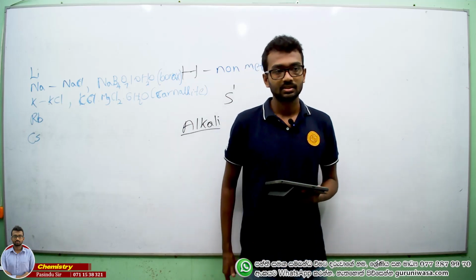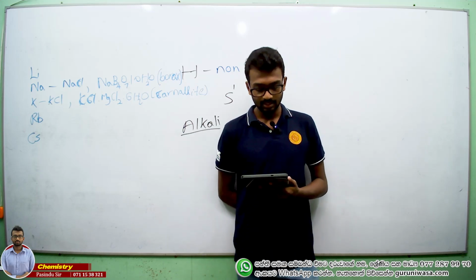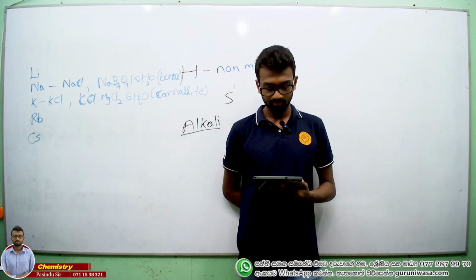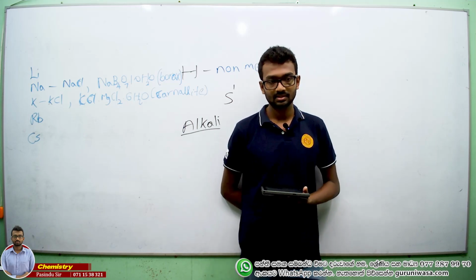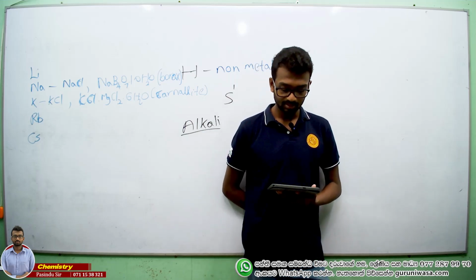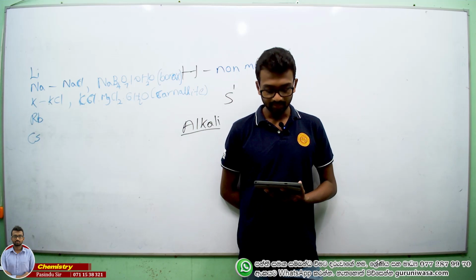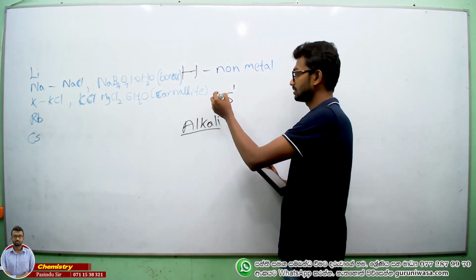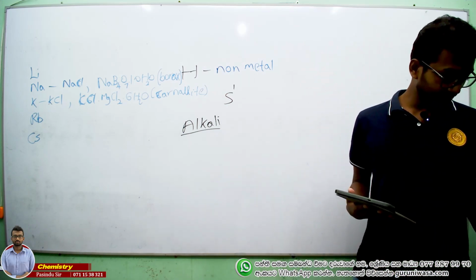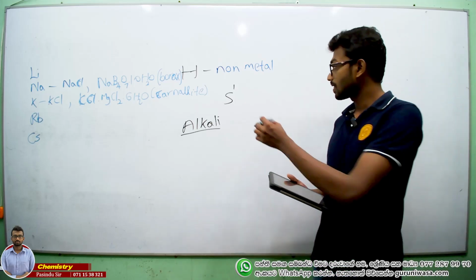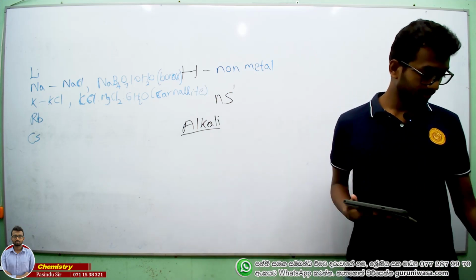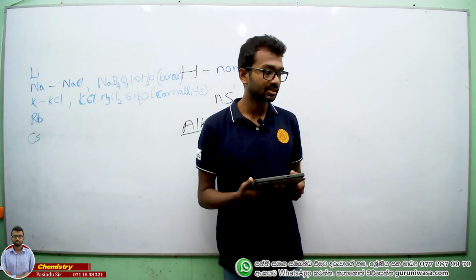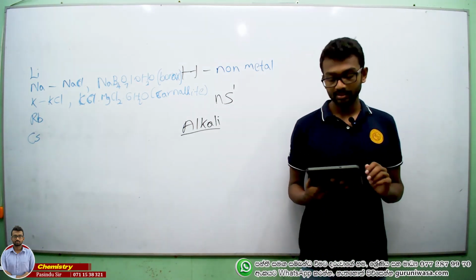Next point: they have low densities. Third point: electron configuration is ns1.